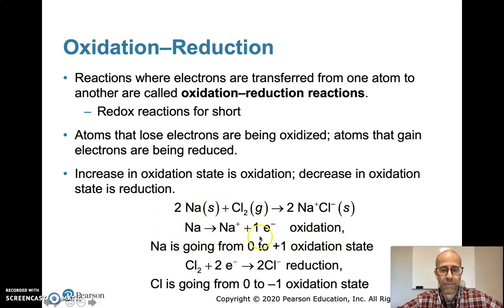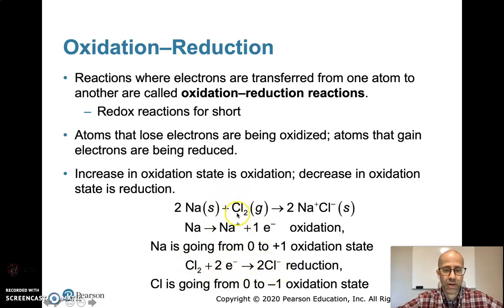These are what we call half reactions. We divide it into an oxidation reaction and a reduction reaction. Here we have the oxidation half reaction: sodium is going from 0 to a +1 oxidation state because it's losing 1 electron. Then chlorine is picking up 2 electrons and becomes 2 chloride ions.